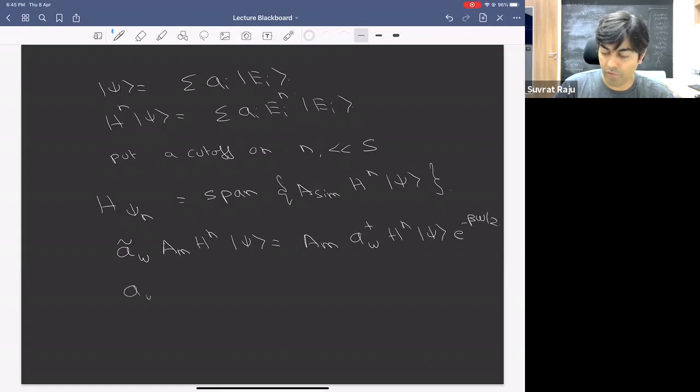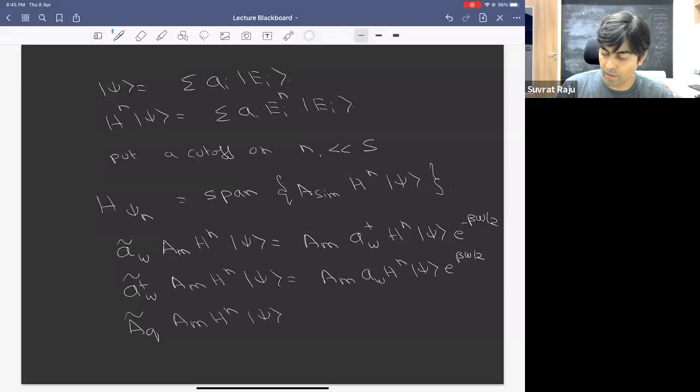And similarly for a omega tilde, and of course for any other polynomial. But notice what we have done here. And in general, for any operator, the mirror of the operator is defined in the natural way.